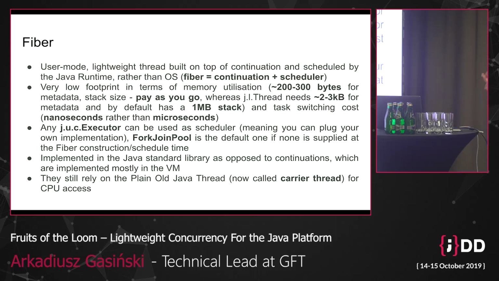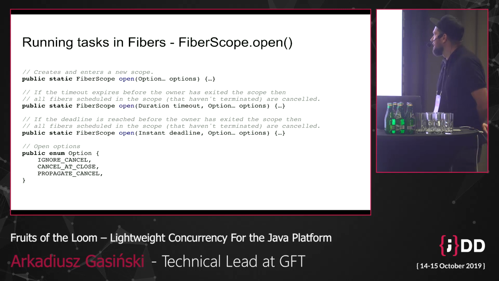And it is all implemented in the VM, contrary to threads, which are mostly implemented in the Java standard library, continuations in the VM. And yeah, they do still rely on the plain old Java thread for the CPU access.